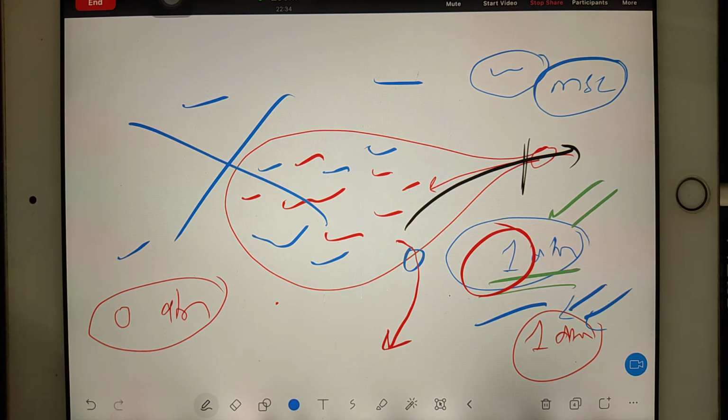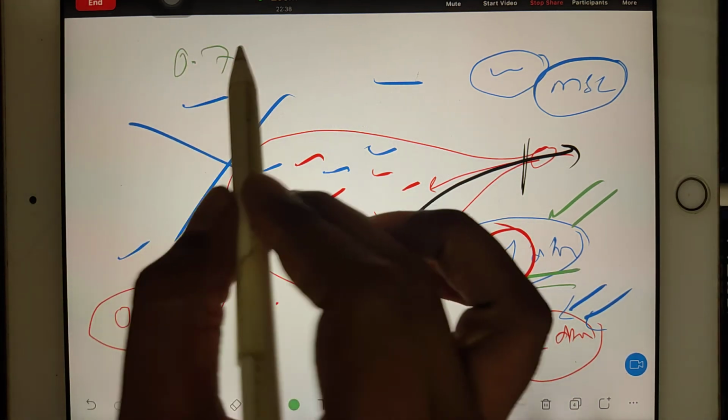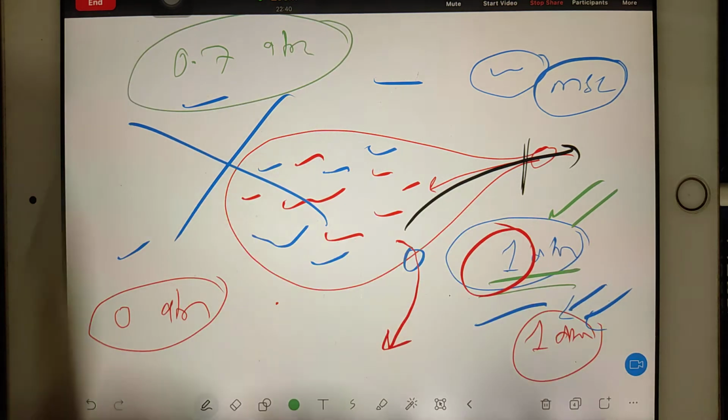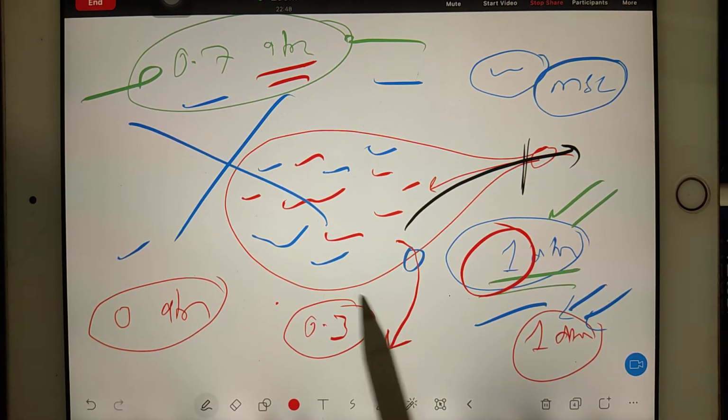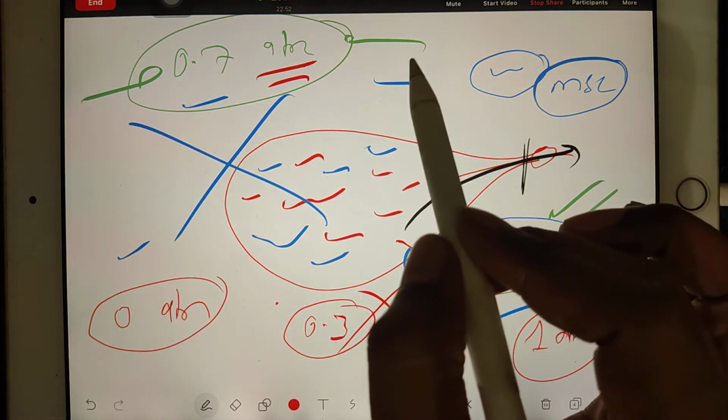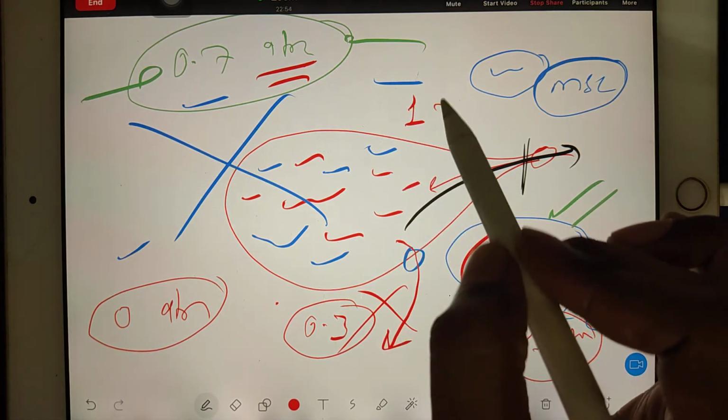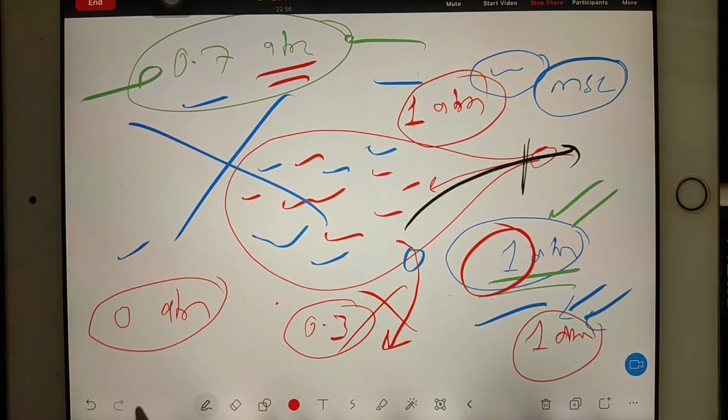Correct. But what if I say I have 0.7 atmospheric pressure? Now this is a twist, a very good concept here. 0.7 atmospheric pressure means 0.3 atmospheric pressure we are missing, because the real pressure on the earth's surface we consider 1 atmospheric pressure.